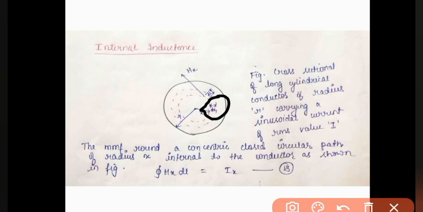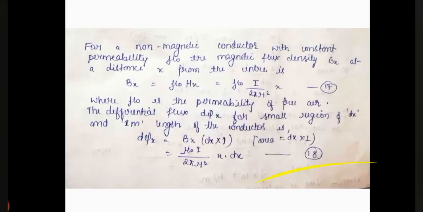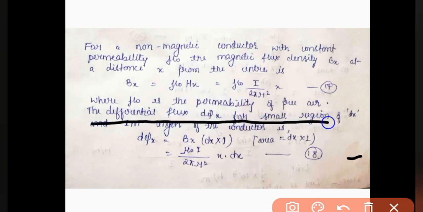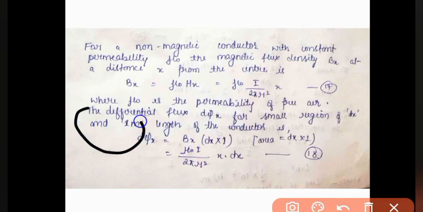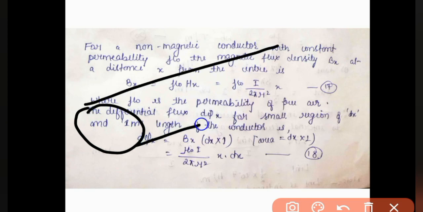We are taking the differential magnetic flux for a small region, that is dx, and 1 meter length of the conductor. See, this is the conductor.